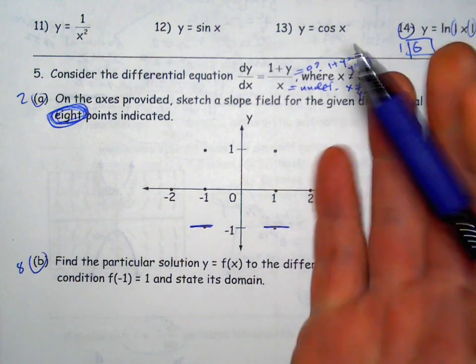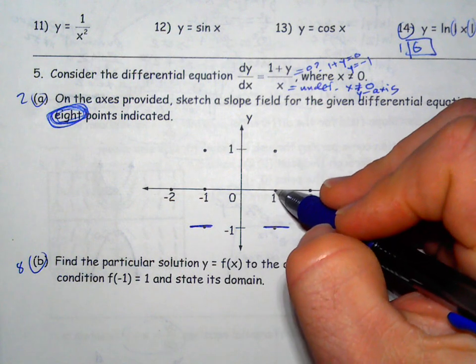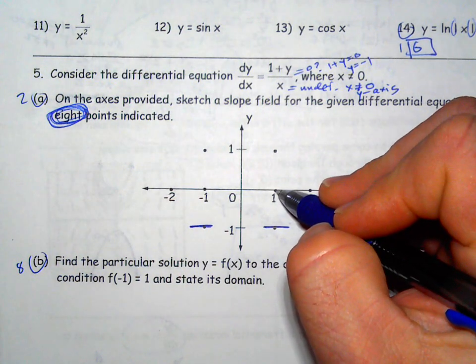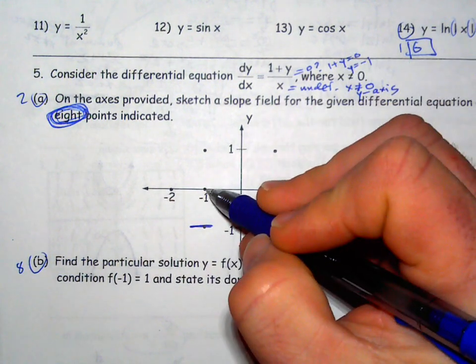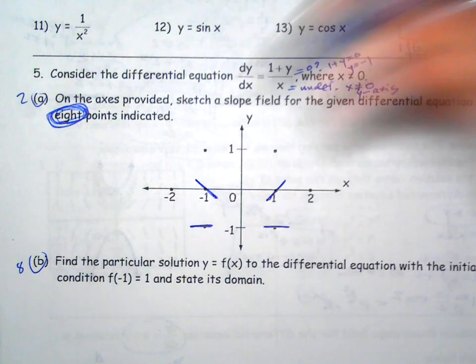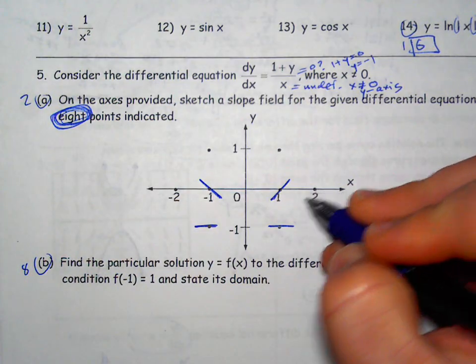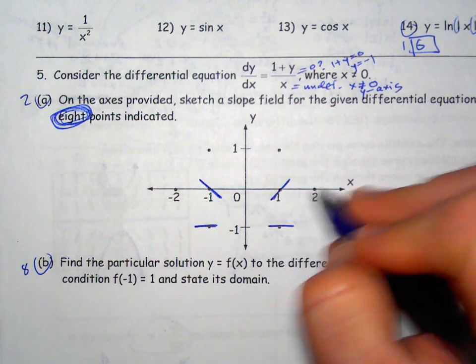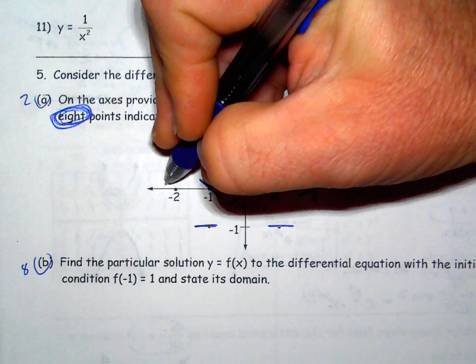There might be some kind of symmetry across that, though. So we might just start plugging in some points. 1 for x, 0 for y would give you a slope of 1. -1 for x, 0 for y would give you a slope of -1. So you're kind of seeing that symmetry. 2 for x and 0 for y would be 1/2, so it's up 1 over 2. And -2 in for x will give you -1 over 2.